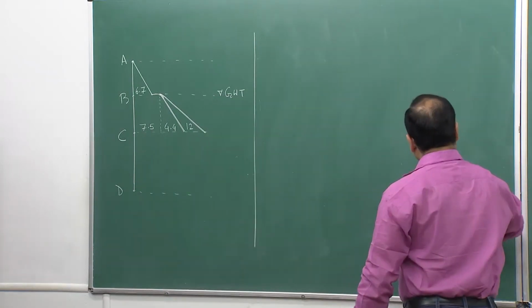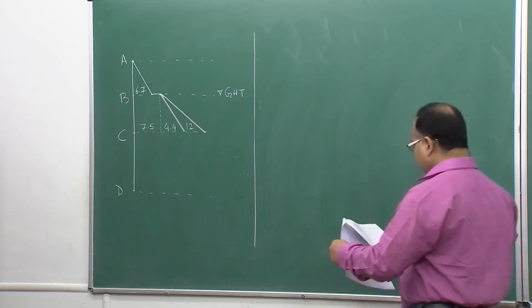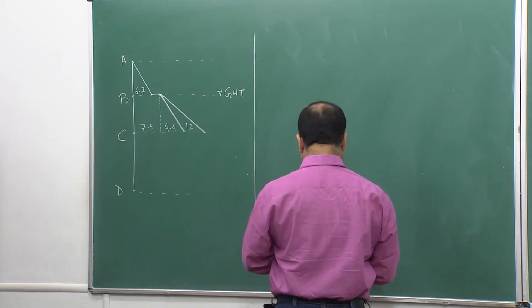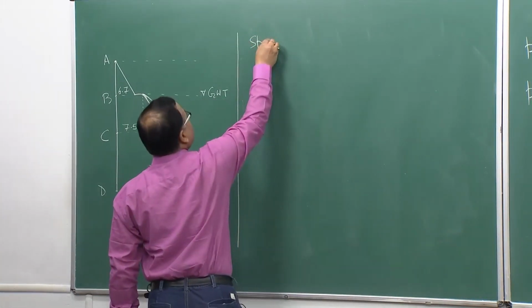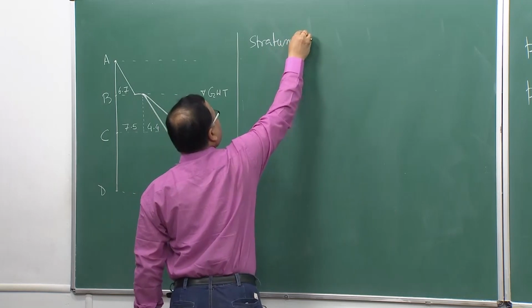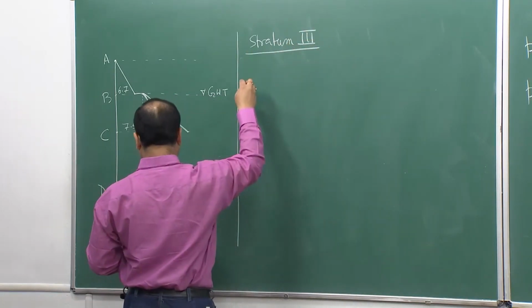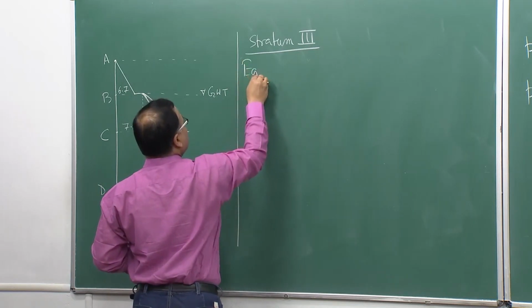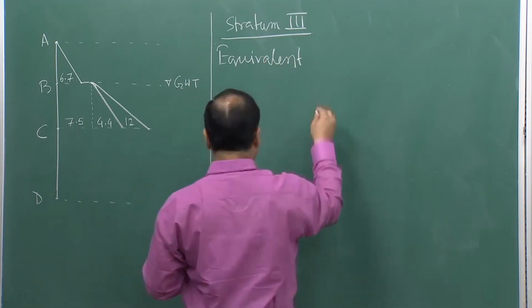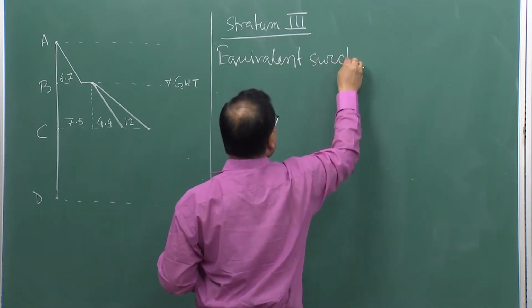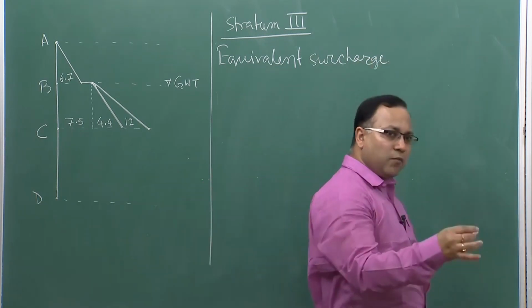Now, what we can do, we can find out the pressure distribution considering stratum 3. Now, if we consider stratum 3, equivalent surcharge as before, we can calculate surcharge due to stratum 1 and stratum 2.